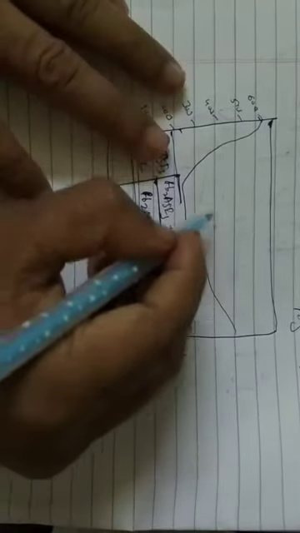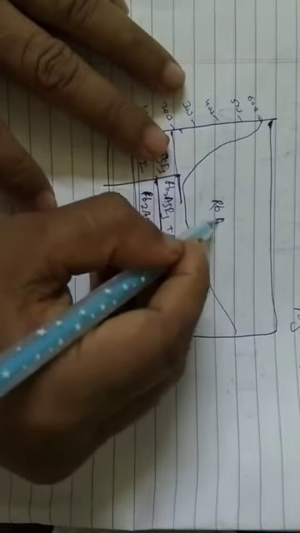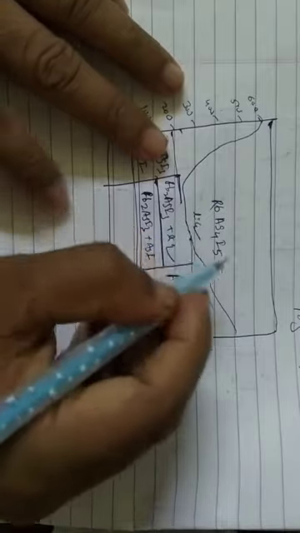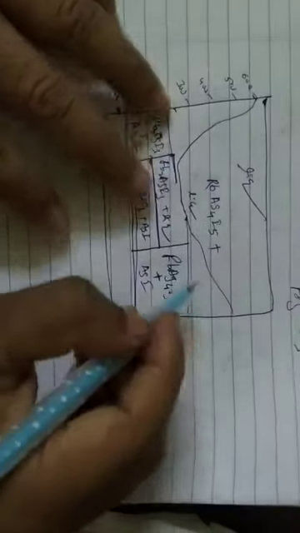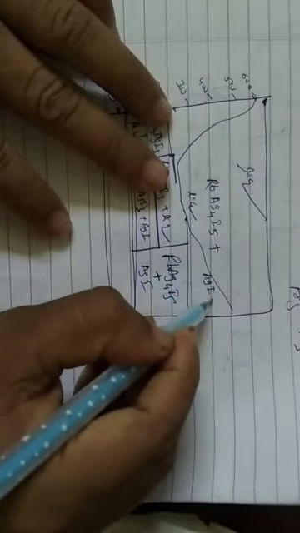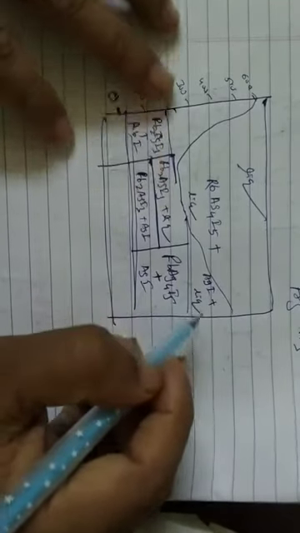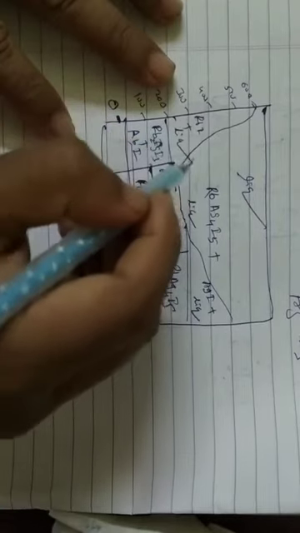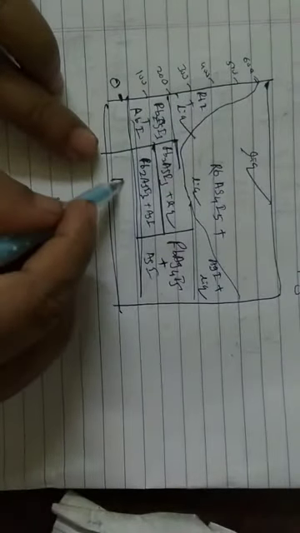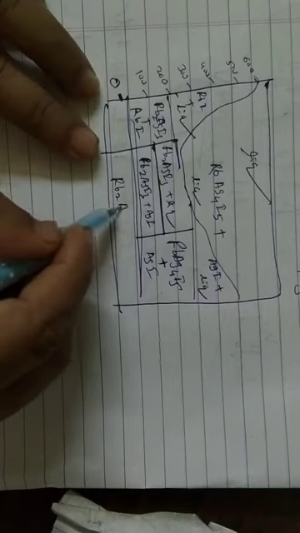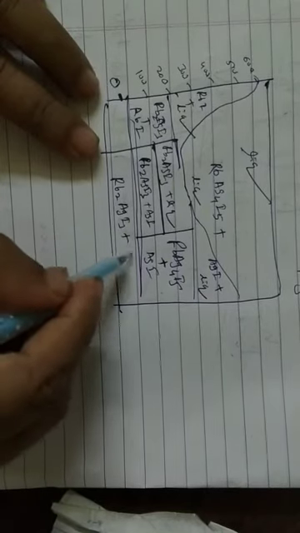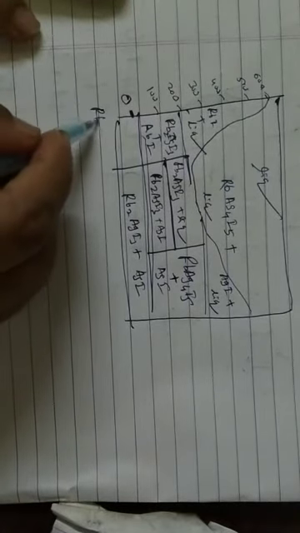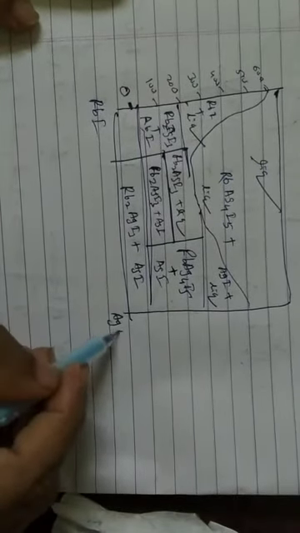So this is your RbAg4I5 plus liquid. Up here is liquid, and here it is AgI plus liquid. Similarly here RbI plus liquid, and at lower temperature Rb2AgI3 plus AgI.